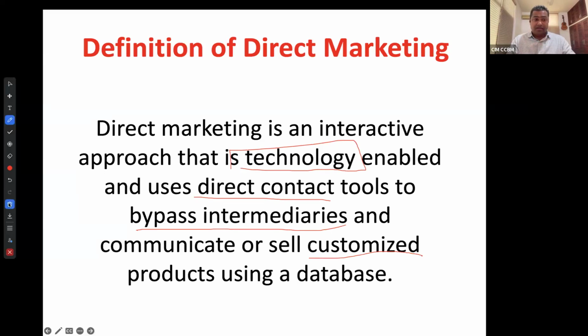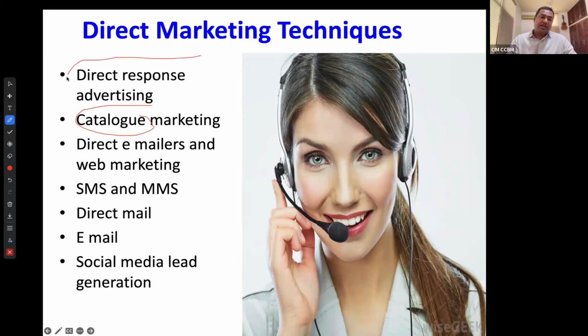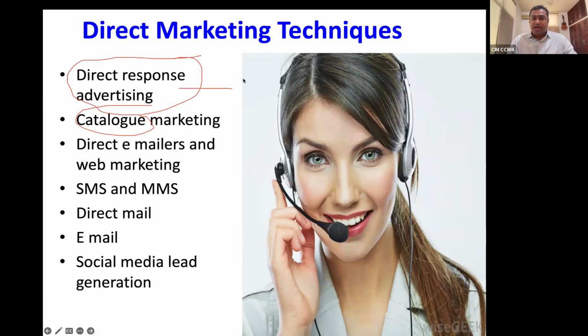So direct marketing, there are many advantages of direct marketing, and the techniques are you can use a catalog to sell. You can use direct response advertising. You've seen those telemarketing ads that go in the afternoon selling gym equipment and all that to housewives, right? Those are all called direct response advertising.